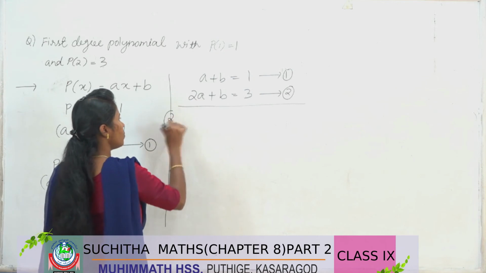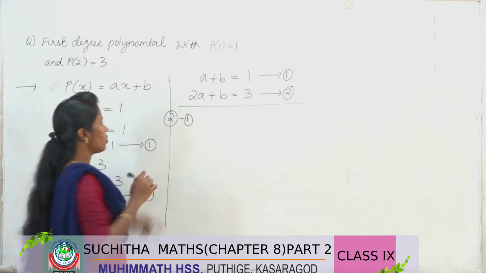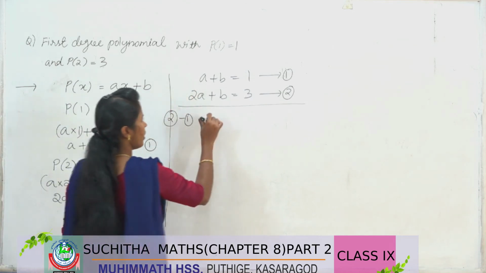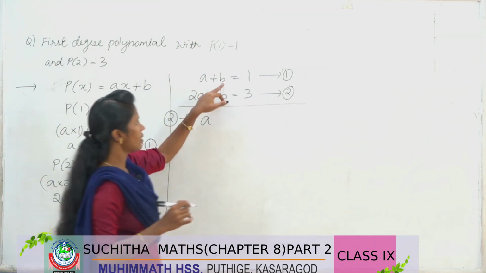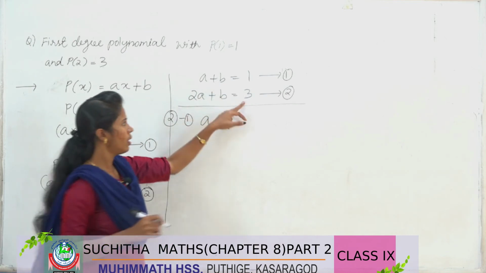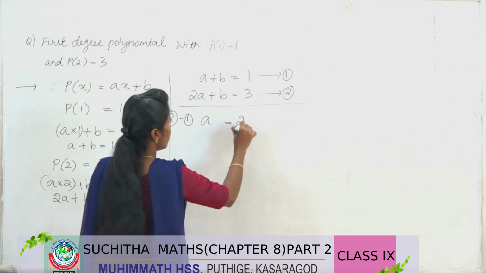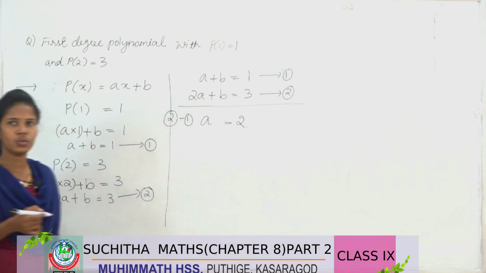It is equation 2 minus 1. So 2a minus a is a. Then b minus b is 0, equal to 3 minus 1 is 2. So value of a is 2.